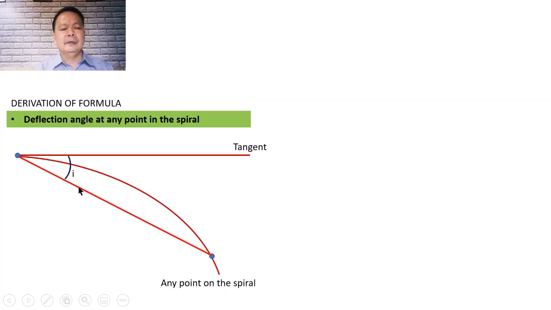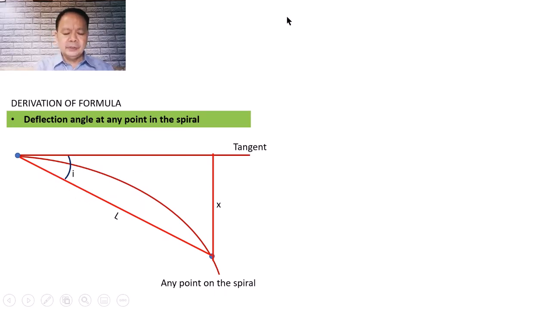Di ba? So, paano natin siya masosolve? So, kung alam natin itong length ng spiral at any point of the spiral that is given in terms of L, and we have already defined this distance, the offset of that point from the tangent, which is called as X, then this deflection angle can be computed by considering this triangle formed by the length, the X, and the tangent.